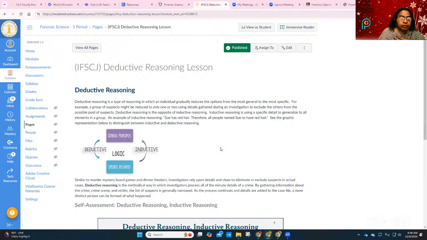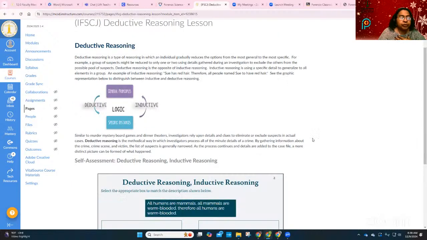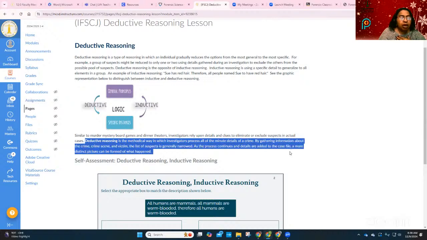Okay, so let's look at that for a minute before I switch to the other. So let's look at this word right here. It's a methodology and way investigators process all the minute details of a crime scene by gathering information about the crime scene, the victim, the list of suspects that are narrowed, and a process that is detailed, added to the case file, and distinct pictures are formed of what happened.